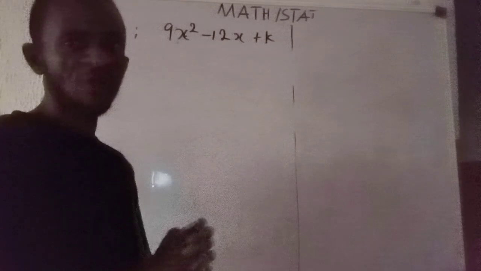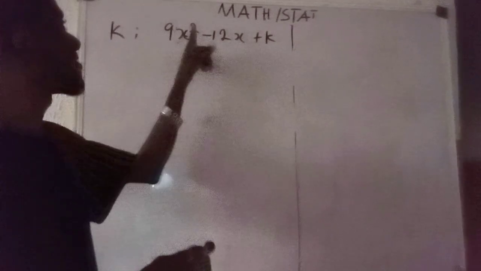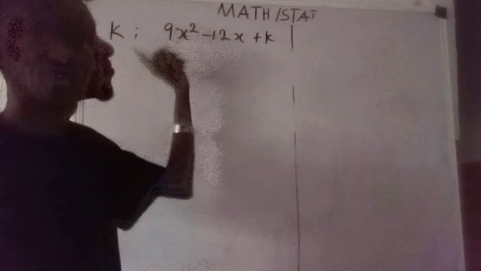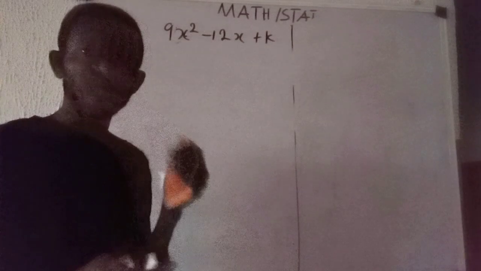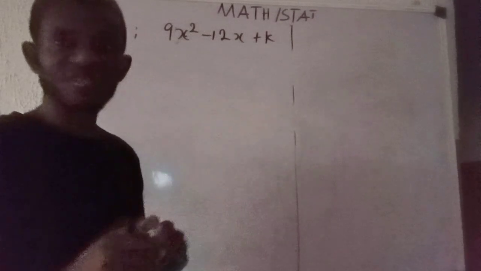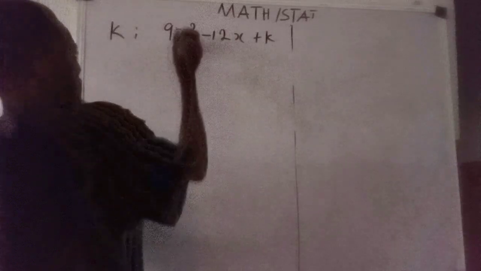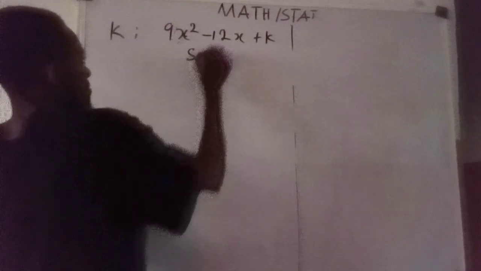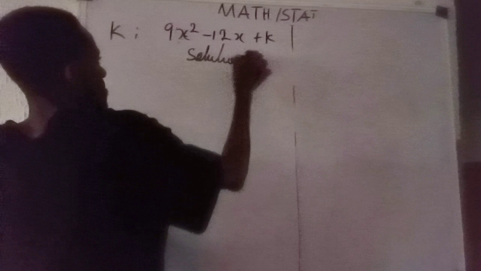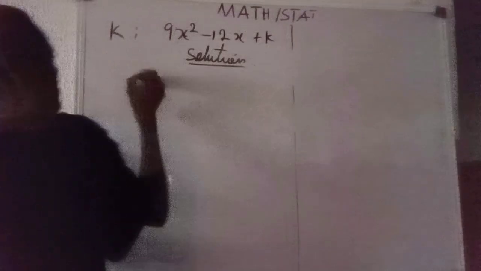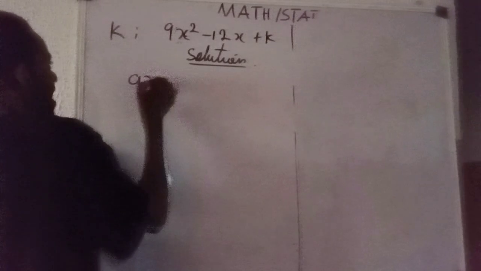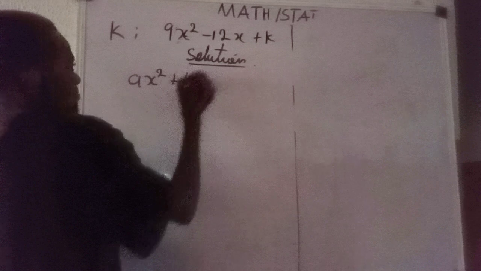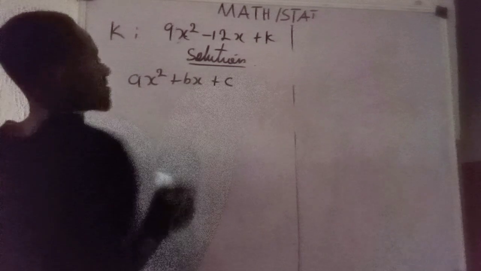So what we are going to do first of all, without wasting time, is note that the highest power of the unknown here is 2, so it's a quadratic expression. Then we write the general quadratic expression, ax raised to power 2 plus bx plus c.